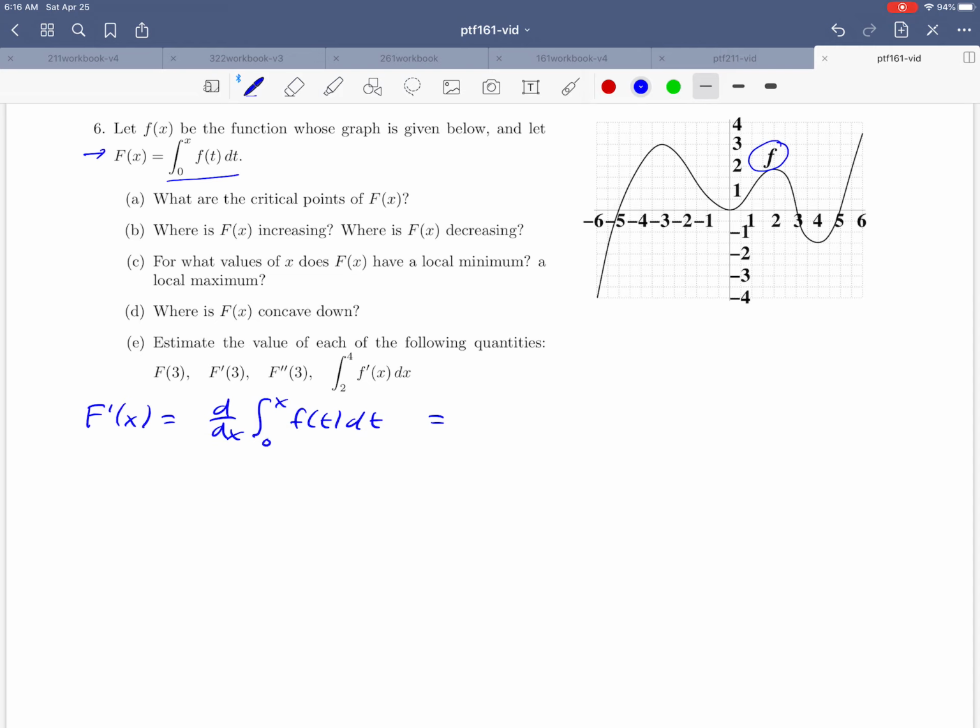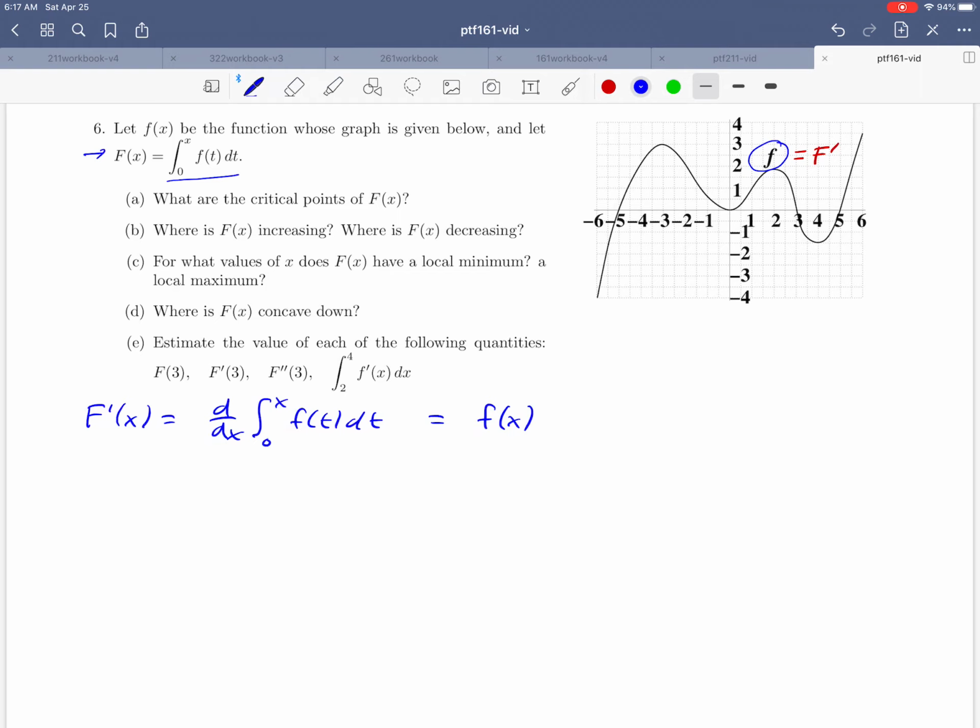So d dx and the integral from 0 to x are going to cancel out and leave us with the function on the inside. And so what we've discovered is the fact that the derivative of capital F is little f. Okay, so going back over to our picture, that means that this function little f is really the derivative of big F. And that's going to be very useful as we work our way through this problem.